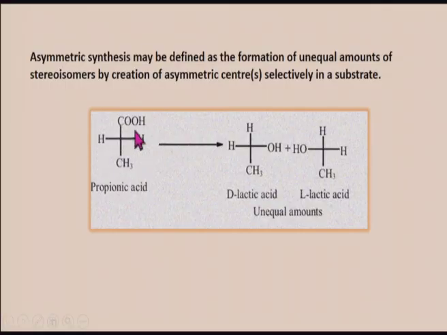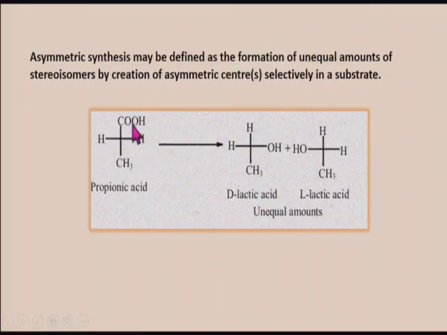You know that a chiral center is a central carbon atom attached to 4 different groups. So in asymmetric synthesis, the creation of the chiral center takes place by reacting with a specific reagent.